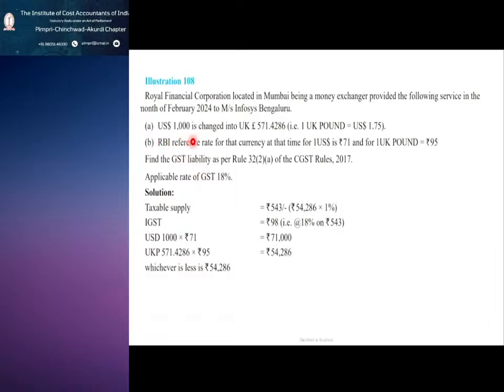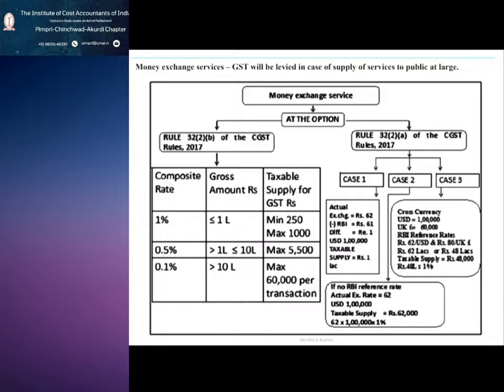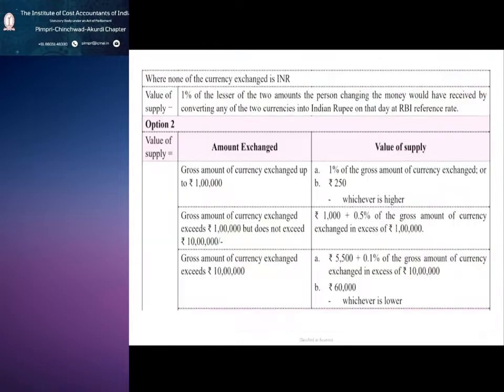US dollar 1000 is changed into UK 571. The RBI reference rate for that currency at that time is given. If it is cross currency, what we need to do? 1% of the lesser of two amounts the person changing the money would have received.